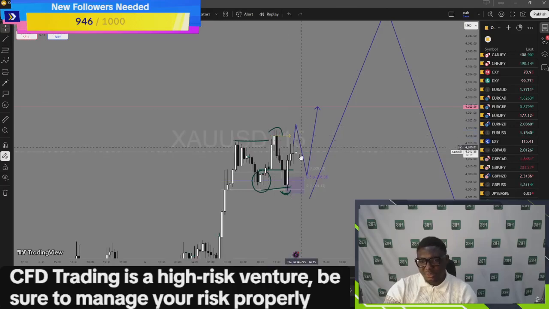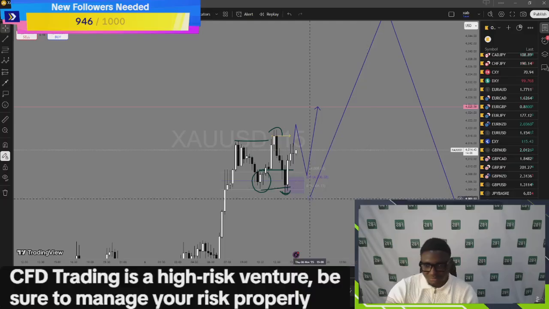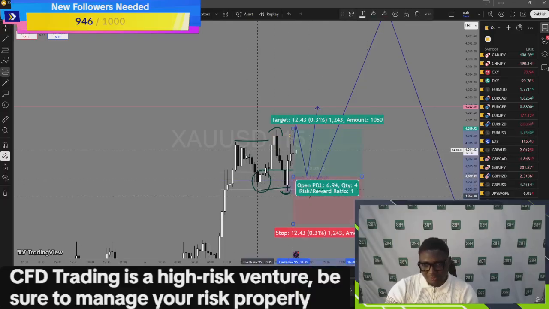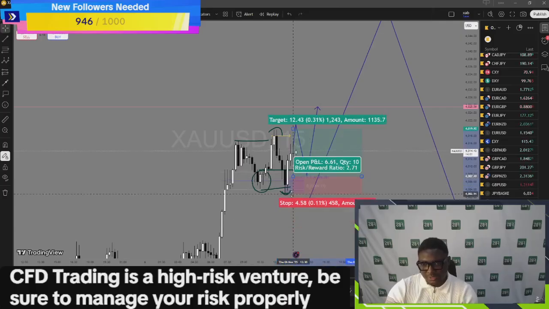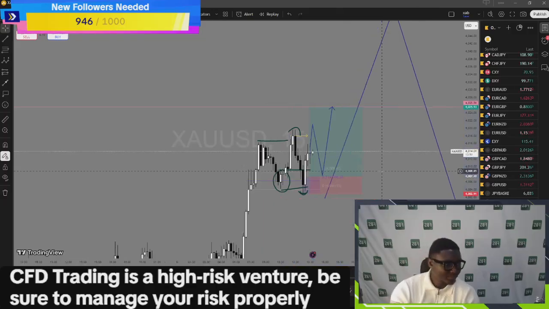Which is why you see me saying I'm waiting for price to break above that level, come back for a retest, and then I can target 1:3 or 1:5, but mostly just 1:3. For starters, to be safe, you can just target 1:3. And you see that we have close to 1:4, in fact, before the next zone.